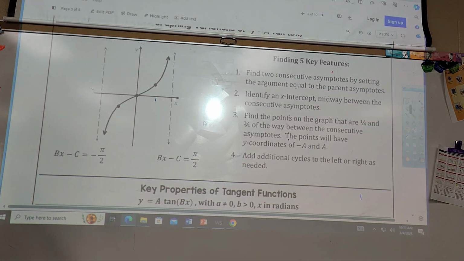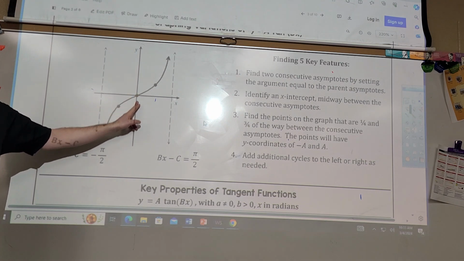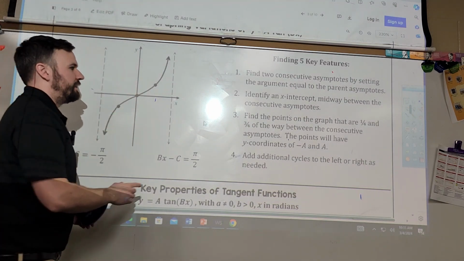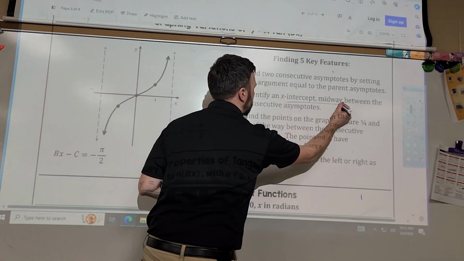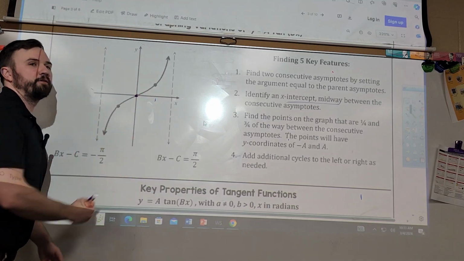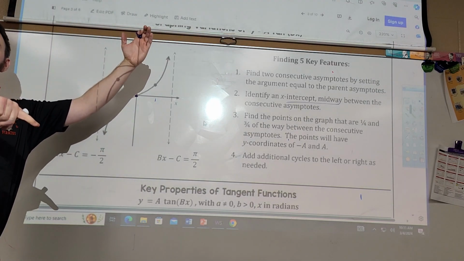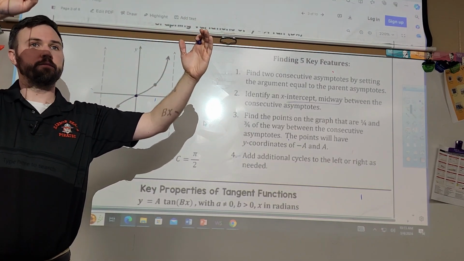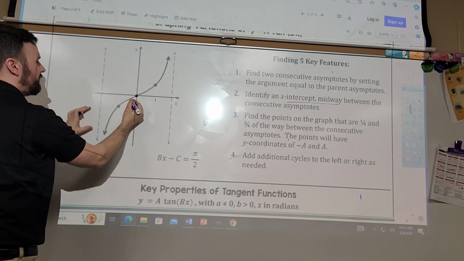You find your asymptotes. Your x-intercept is always right in the middle. And we did that with sine and cosine, right? Like cosine, we did our two maxes, and the min was in the middle. Sine, we did 0, 0, 0 in the middle. So this one, we have asymptote, asymptote, x-intercept in the middle.